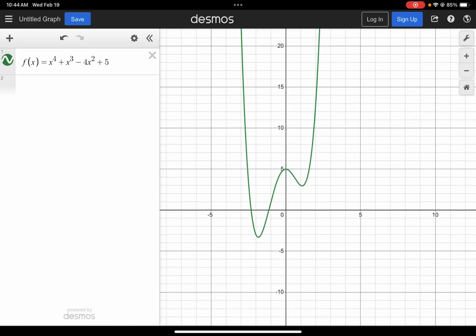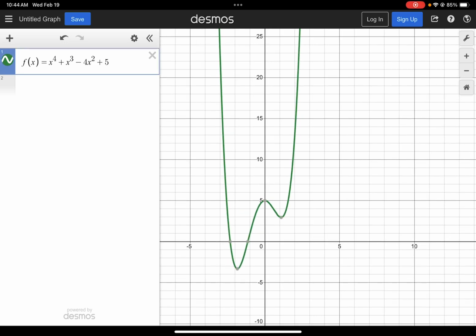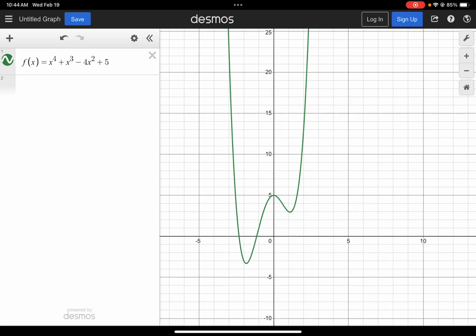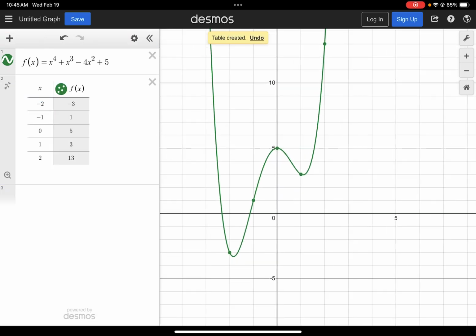So this graph does look a little weird, but here, once again, we can click the gear icon on Desmos, hit the table icon. It'll give us a good list of points to work with. So let's plot these points on Desmos.